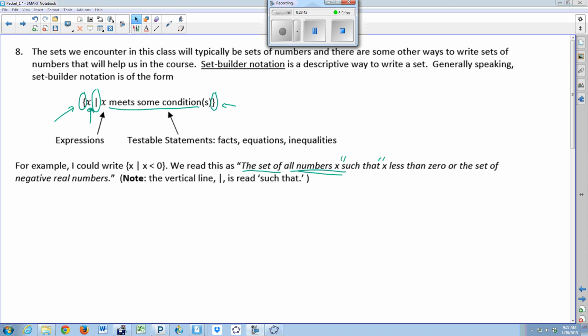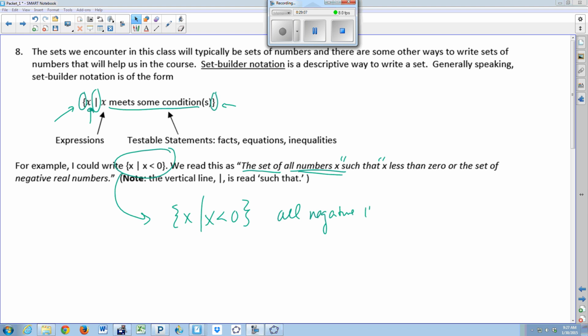So if I wanted to say the set of all negative numbers, I would write it this way: the set of all numbers x such that x is less than 0. Any number less than 0 is called negative.